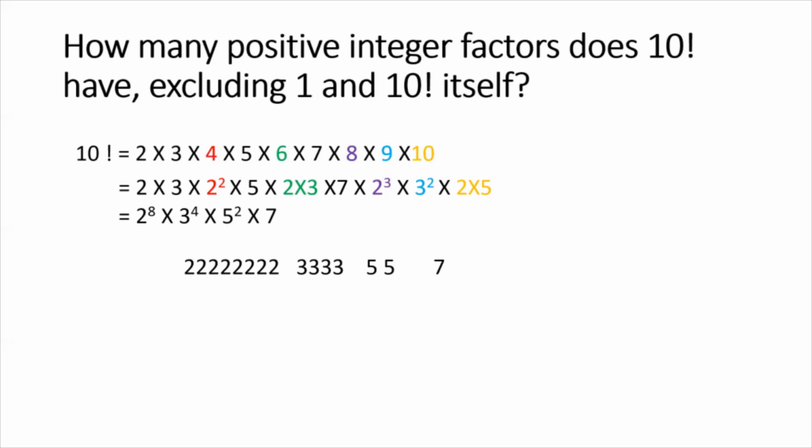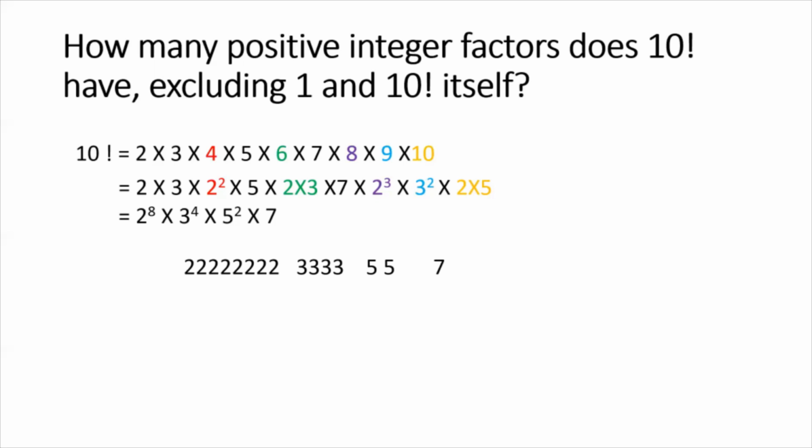In the first category, that's the category 2, we have 8 2s to choose from. In the second category, we have 4 3s to choose from. In the third category, we have 2 5s to choose from. And then in the fourth category, we have just 1 7 to choose from. So the question is, in how many ways can we potentially select different combinations of numbers from this set.